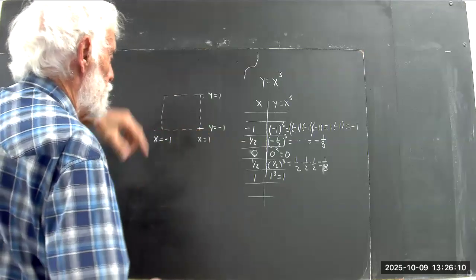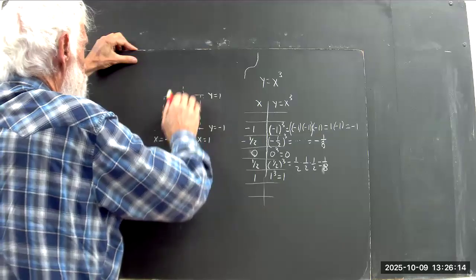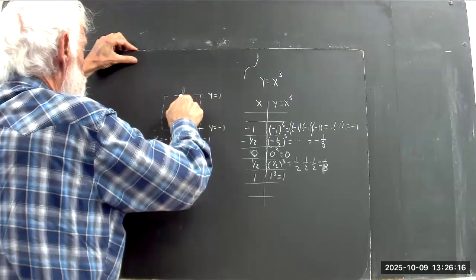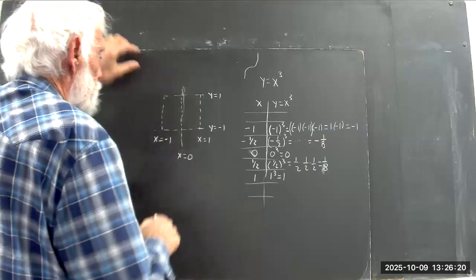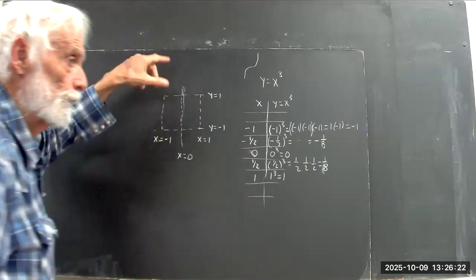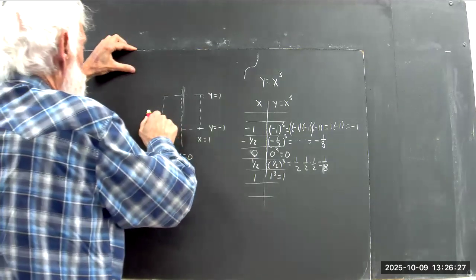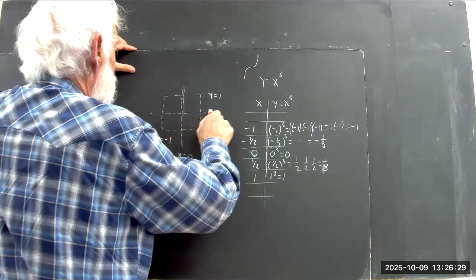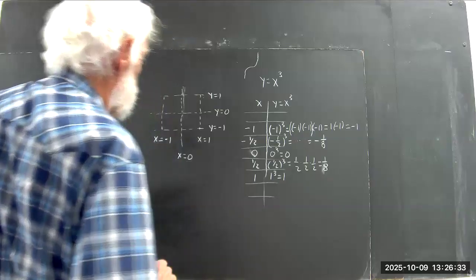How many divisions do I need here? If I divide this rectangle in half, I get x equals 0, which coincides with the y-axis, okay? And if I divide it in half this way, I get y equals 0. That's the x-axis.